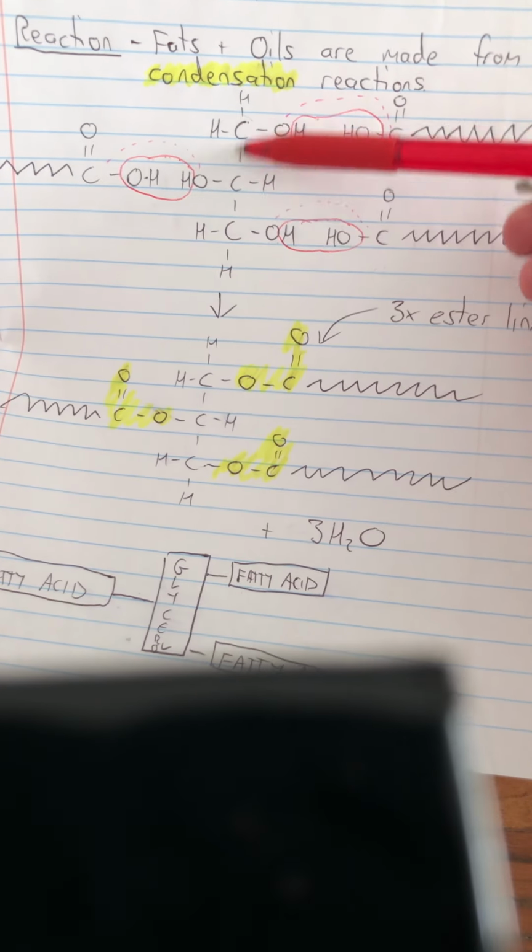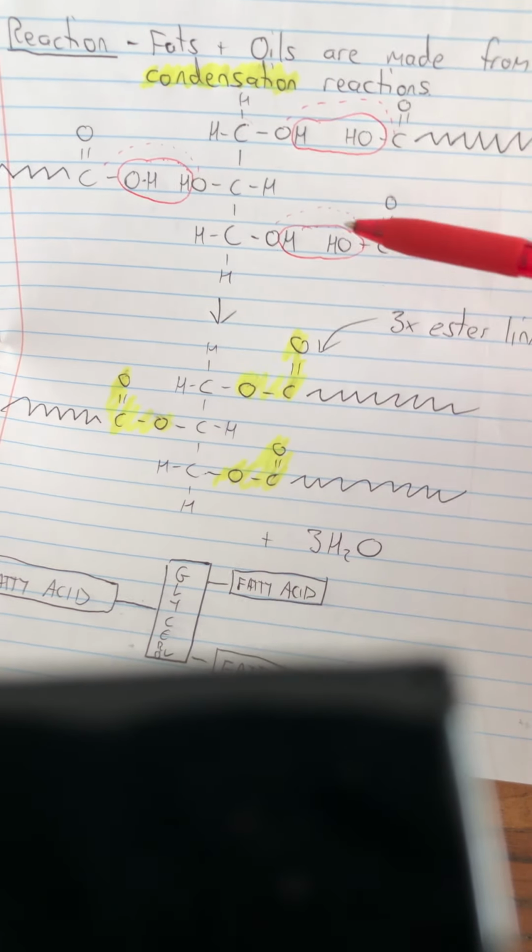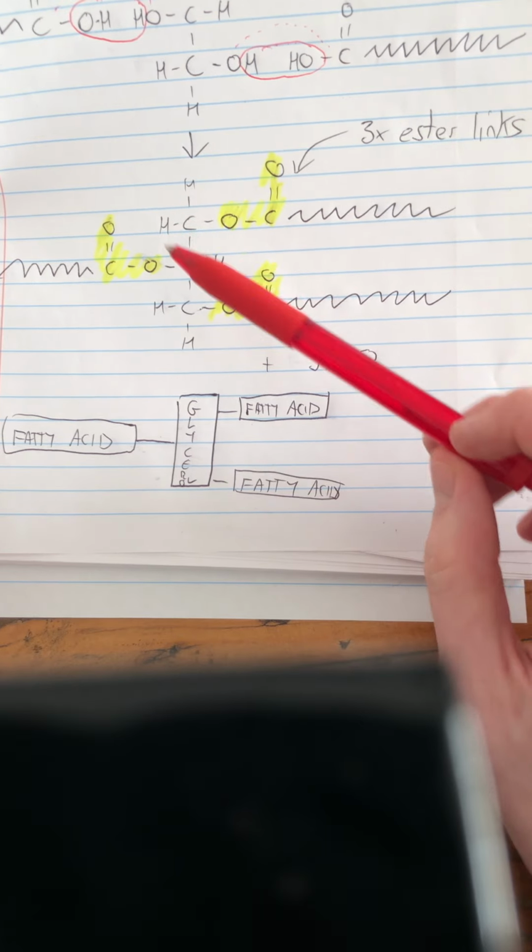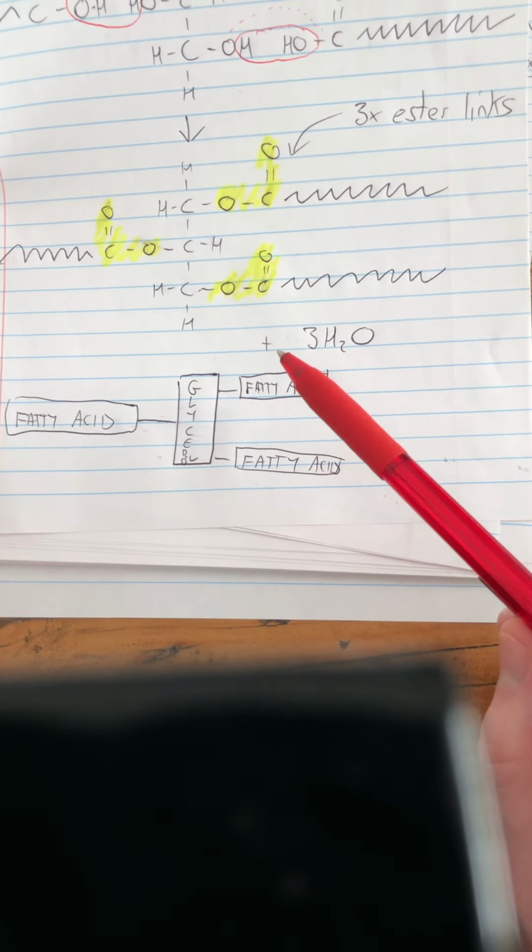Fats and oils are made through condensation reactions. So 1 mole of glycerol reacts with 3 moles of fatty acids, and that causes us to get 3 ester links. That's where triglycerides comes from. And because we've lost 3 moles of water as well, you need to write that, 3H2O.